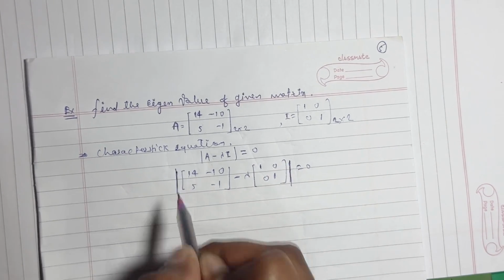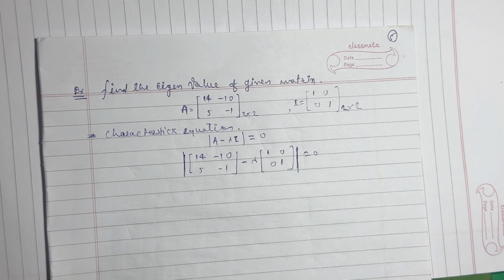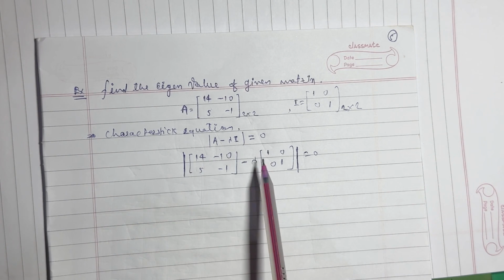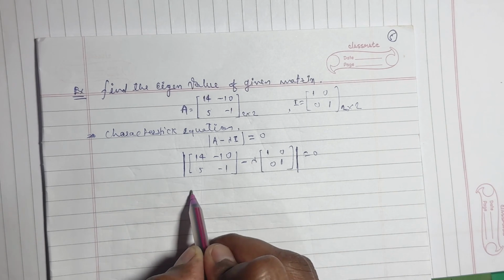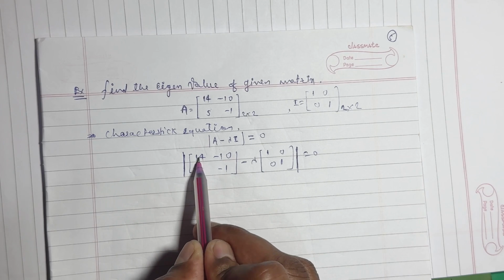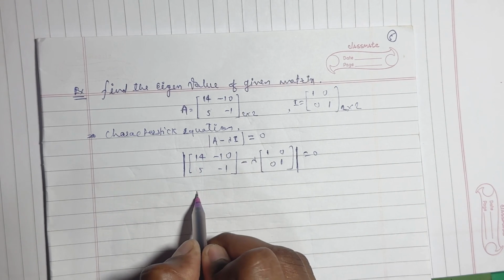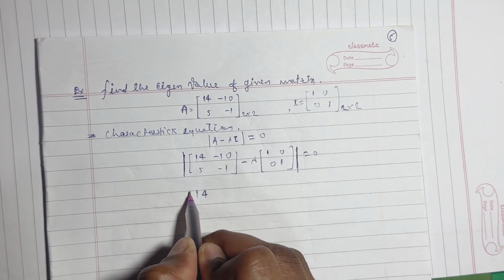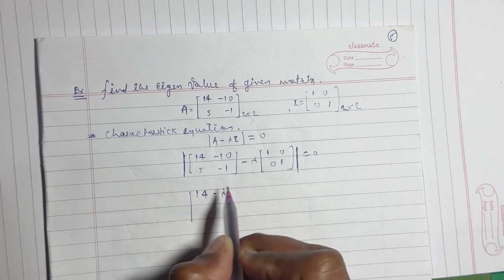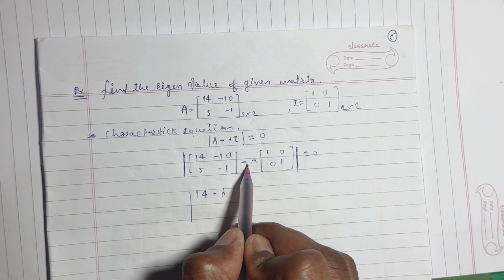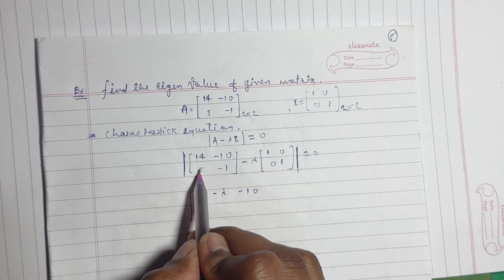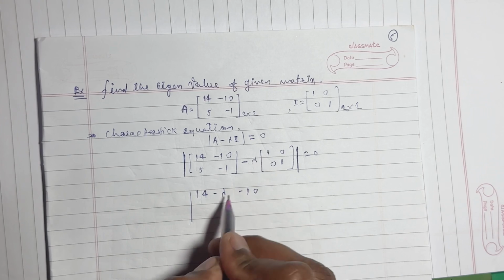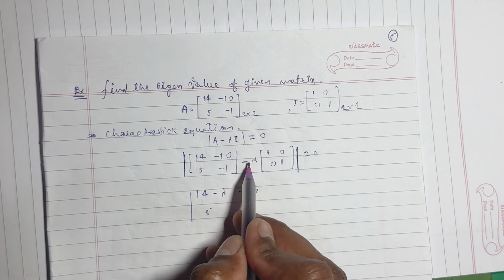This is our required characteristic equation. How do we subtract the matrices? We subtract corresponding elements. Lambda into 1 is lambda, lambda into 1 is lambda, and the other two entries are 0. So we write the matrix: the first element is 14 minus lambda, then minus 10 minus 0 times lambda, which is only minus 10, then 5 minus 0 which is 5, and minus 1 minus lambda.